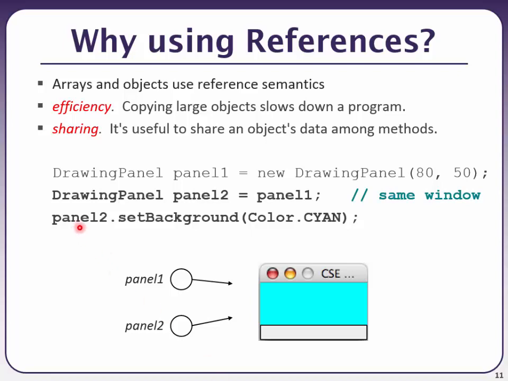And if we use panel2 to access this object and call a method that it features, for example setBackground, it's going to affect, obviously, the object that is referenced by both variables. So changing the color will affect both the object referenced by panel1 and the one referred to by panel2, because they are the same singular object in memory.